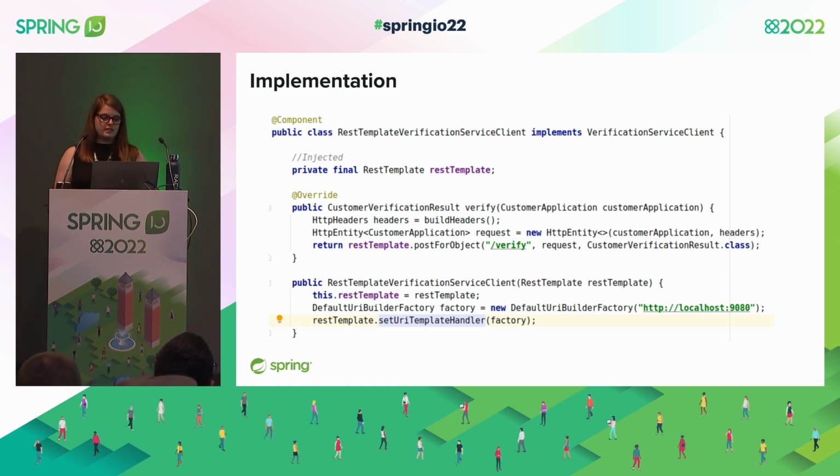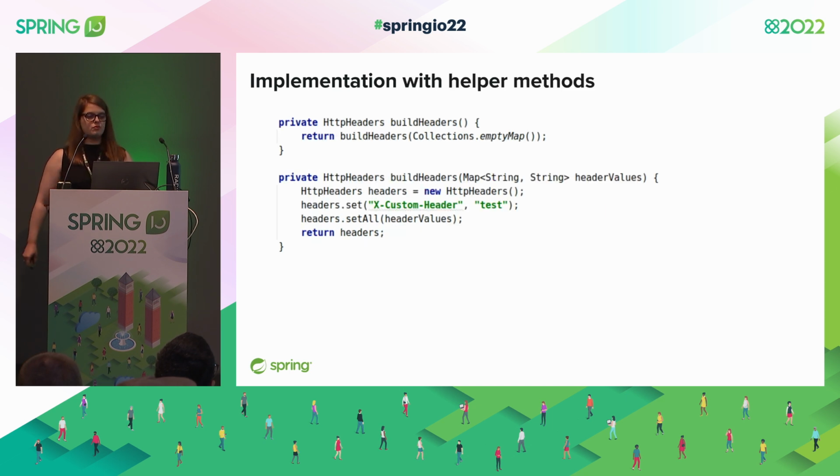Then, of course, it is much cleaner. We can set the REST template properly for a specific client, and it also allows us to have helper methods. While communicating with one other application, very often we will have things that repeat. We will be adding similar headers, or doing some other repeatable configuration. So that's a nicer solution.